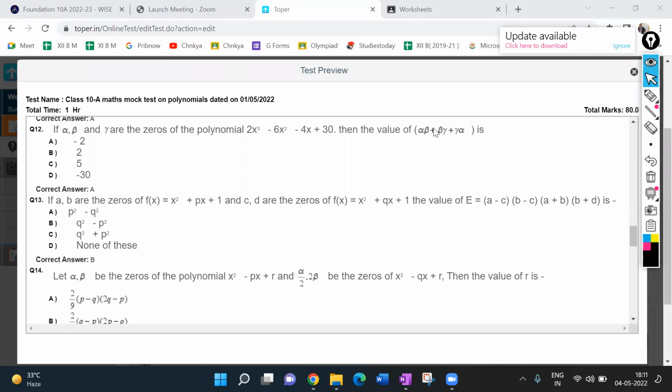Okay, good. What about others? What about others, guys? Almost done. Sir, I didn't do a few sums, like one or two sums. Okay. Okay, Charan.